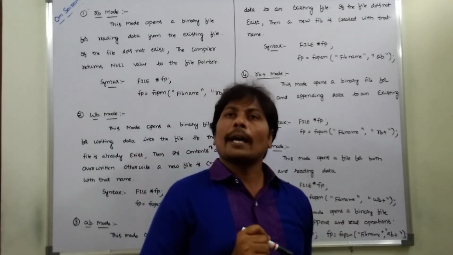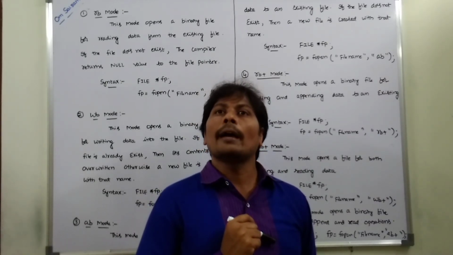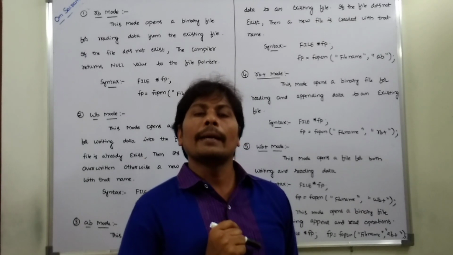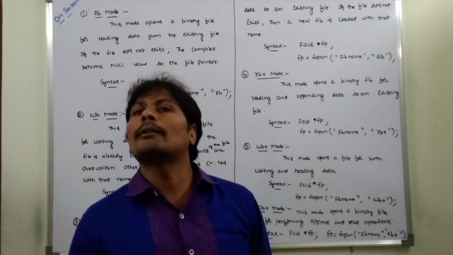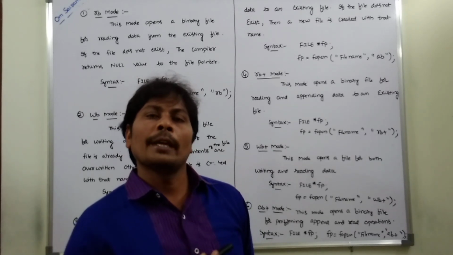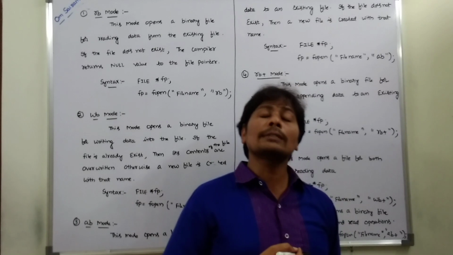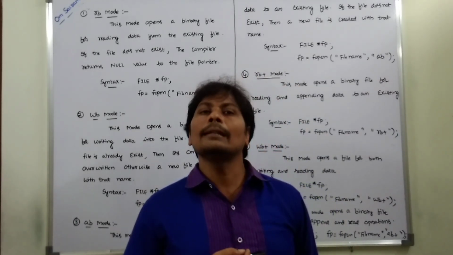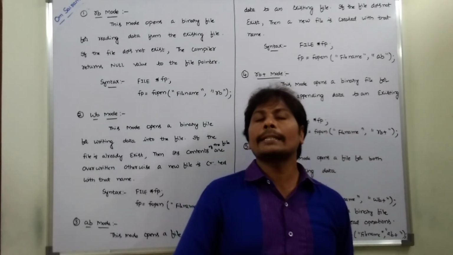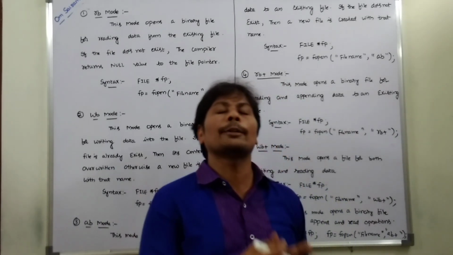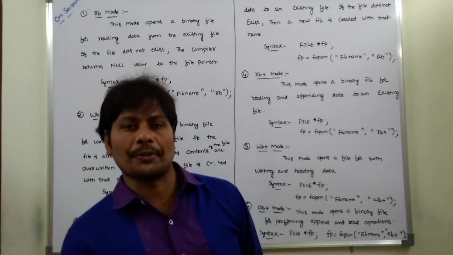After the information is loaded into the file, we have to perform the read operation. If the file does not exist, then whatever information we enter is loaded into the file, and then we have to perform the read operation.